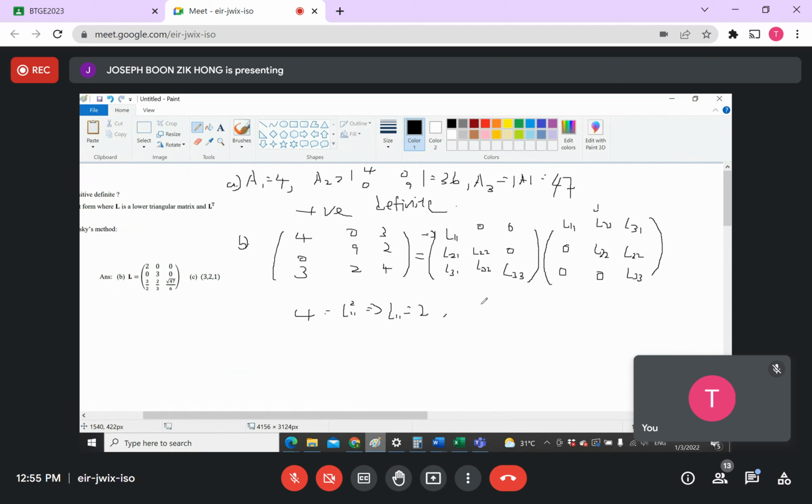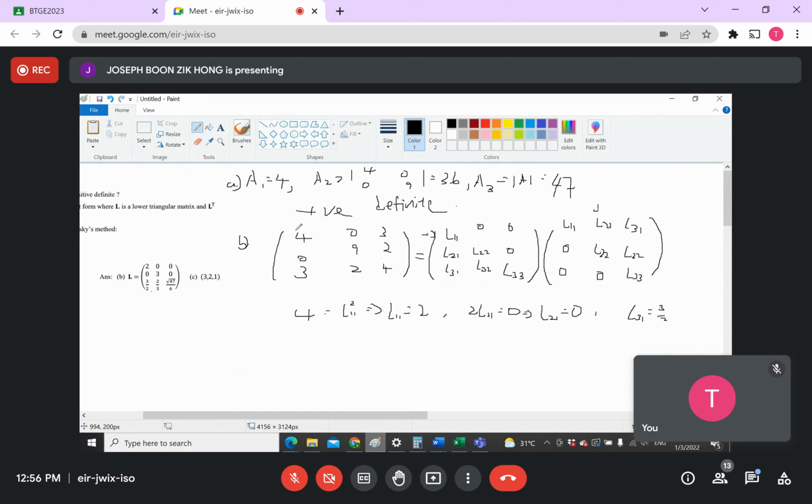So L11 times L21, so 2 L21, equal to 0. So L21 equal to 0. And then, again, 3 is equal to L11 times L31, so 2 L31 equal to 3. So L31 equal to 3 over 2.